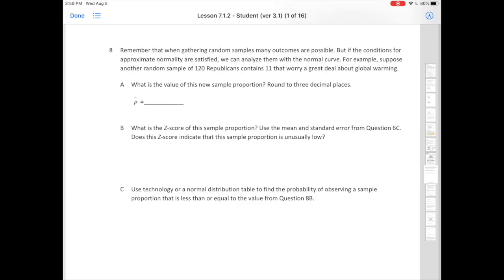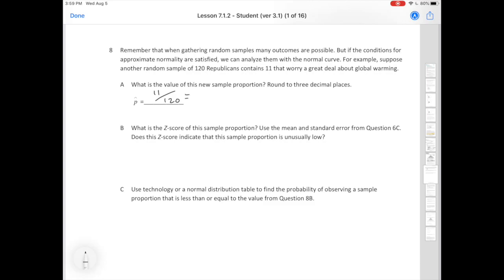It says, for example, suppose that we do another random sample of 120 Republicans, and it contains 11 people that worry a great deal about global warming. What is the value of this new sample proportion? Let's round it to 3 decimal places. There were 11 Republicans out of 120, so I'm going to write 11 divided by 120.